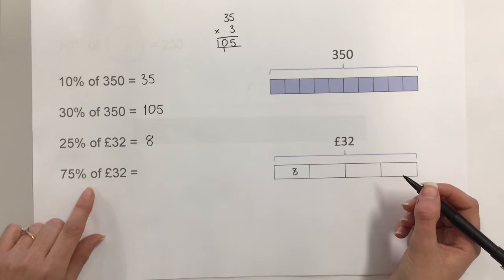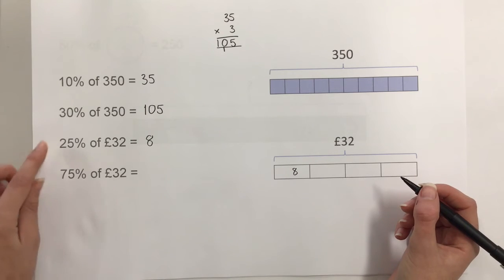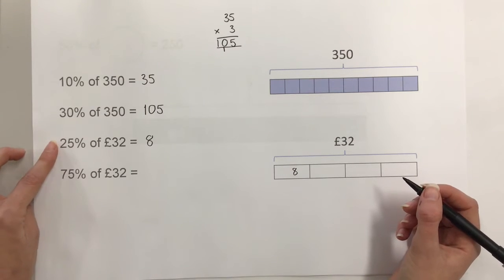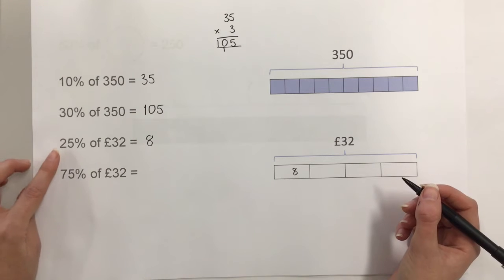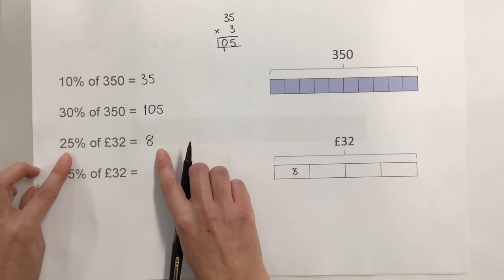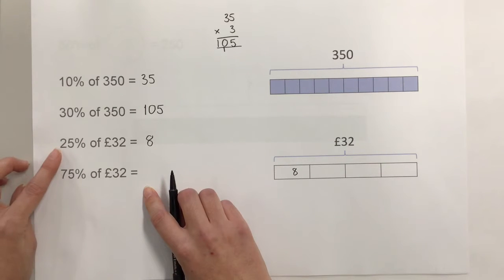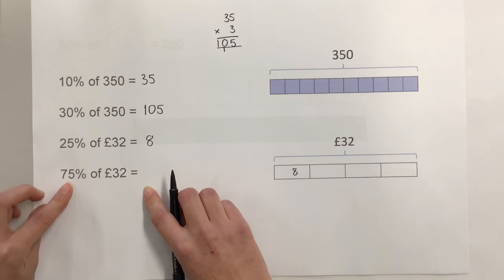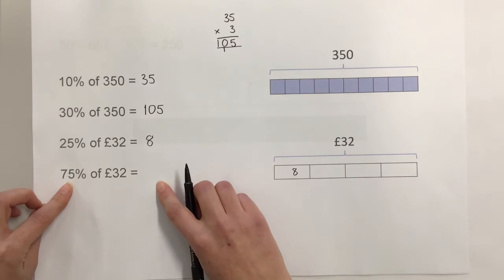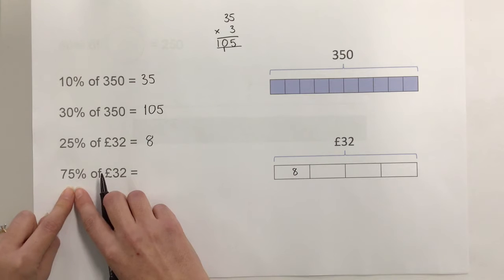Okay, so 75% of 32. Now again, I can use my prior knowledge to work this one out, because I already know what 1/4 is, I know what 25% is, that's 8. 75% is 3 times 25%. So I could either multiply my 8 by 3, or I need to add another 25% on to 75% to reach 100%.